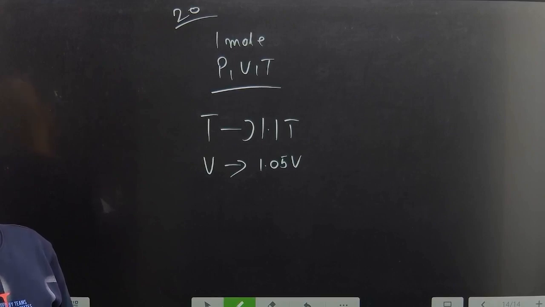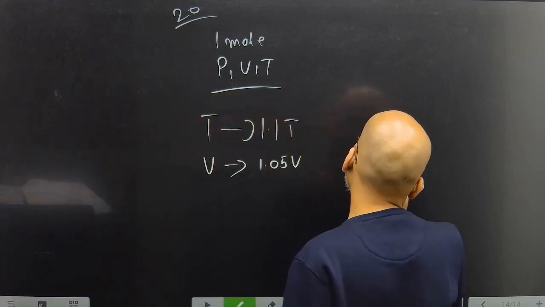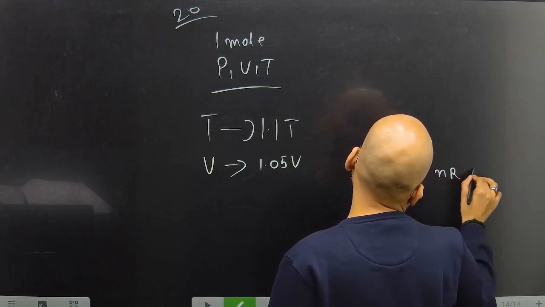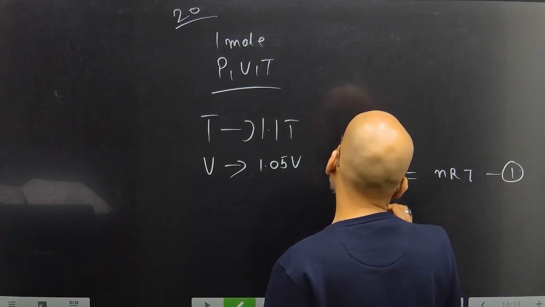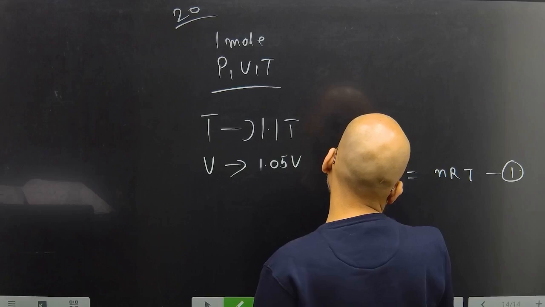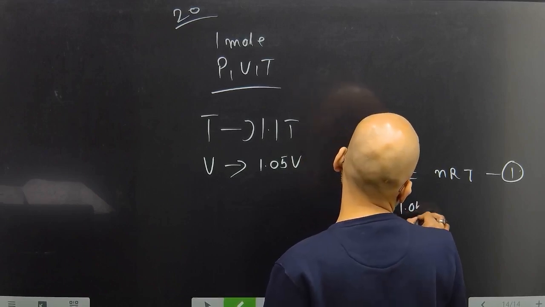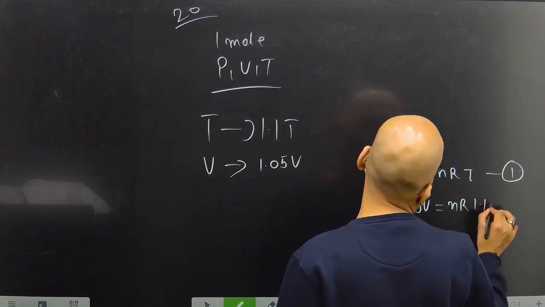See guys, PV equals nRT. Okay, this is equation number 1. Now pressure we don't know, so let's call it P dash. Volume is becoming 1.05 times V. nR is not going to change. Temperature is becoming 1.1 T.